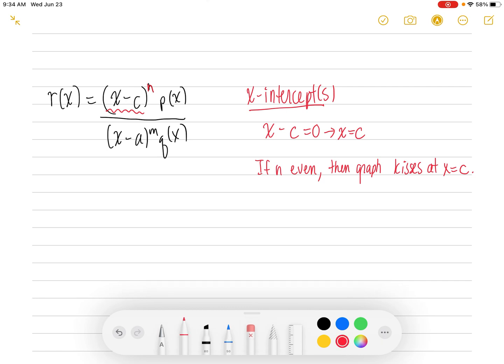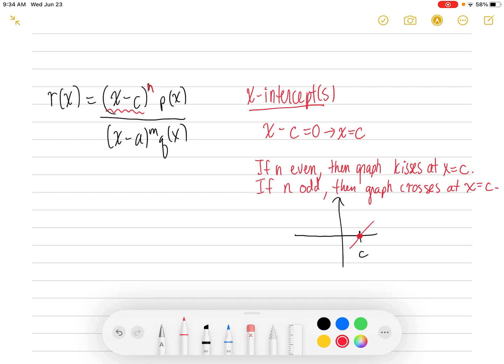The other possibility is if n, our multiplicity, were odd. If n is odd, then the graph crosses at x equals c.